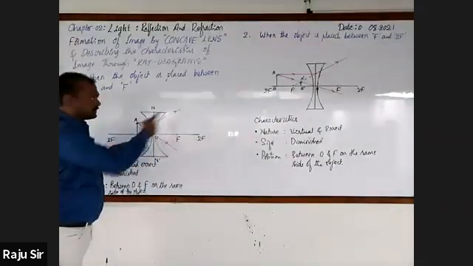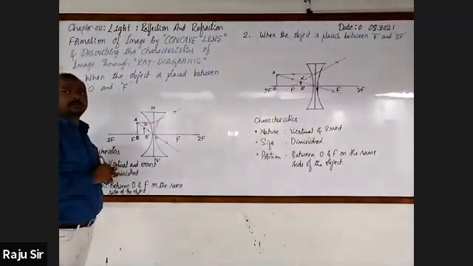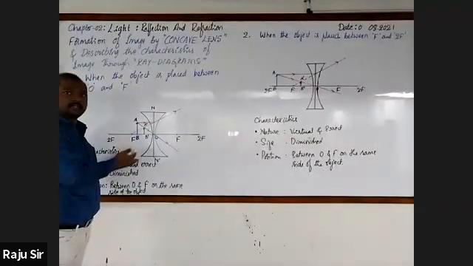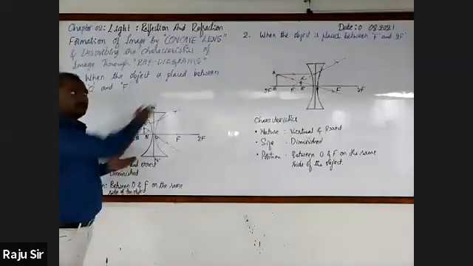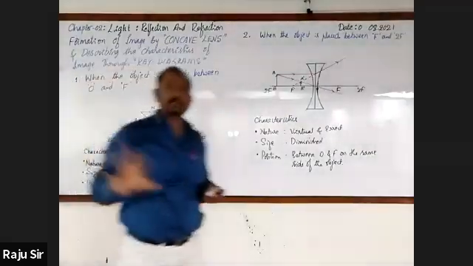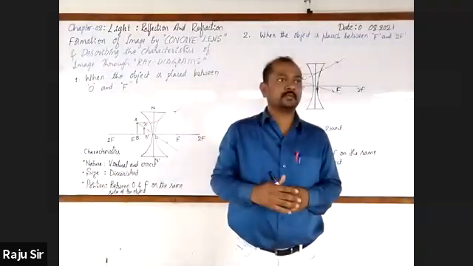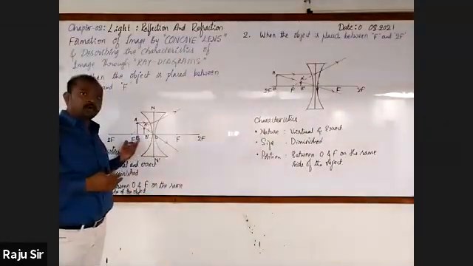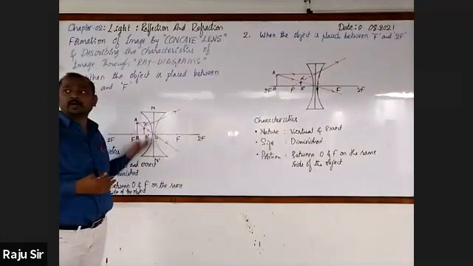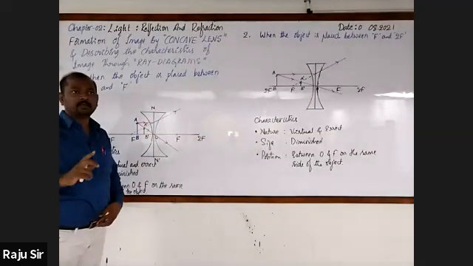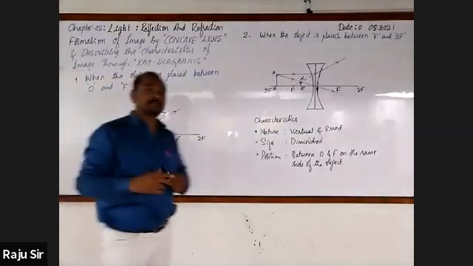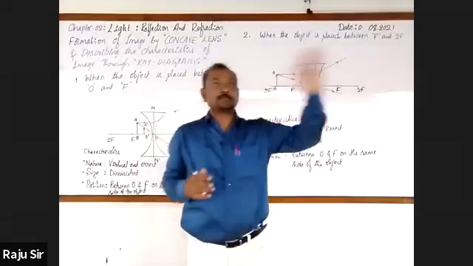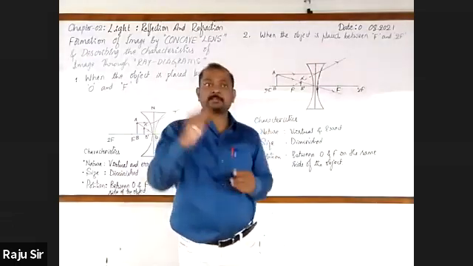Now, in this case, what is the image distance? Positive or negative? Negative. In a concave lens, all image distances are negative because the image is formed between O and F on the same side of the object. In convex lens, is it positive or negative?